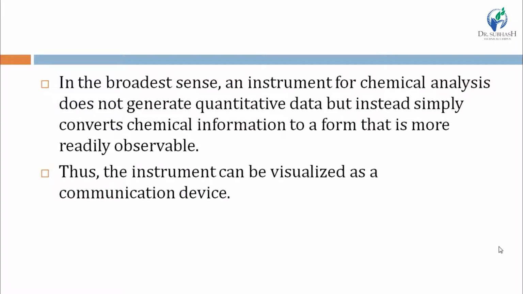So the chemical information, means ions and their concentration, is converted into easily observable information through the instrument. Thus, an analytical instrument can be visualized as a communication device because it converts one type of information into another type of information.